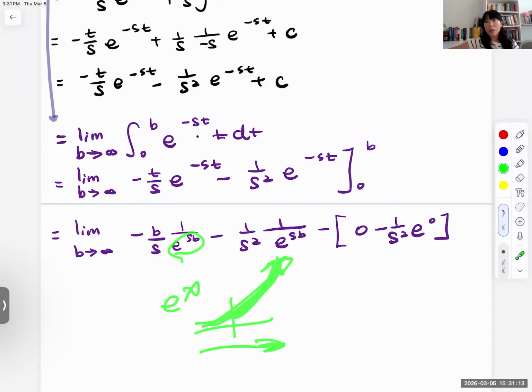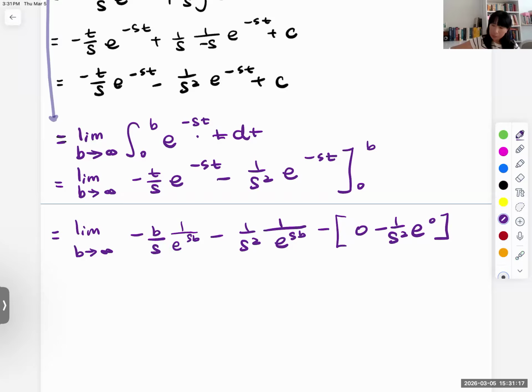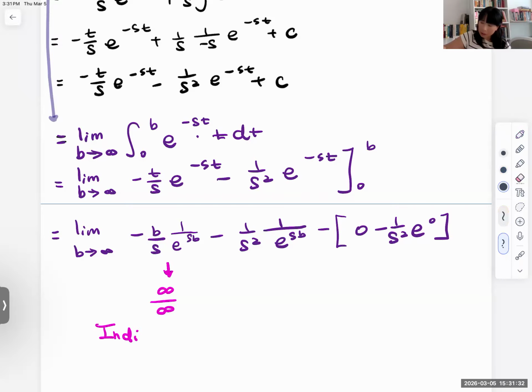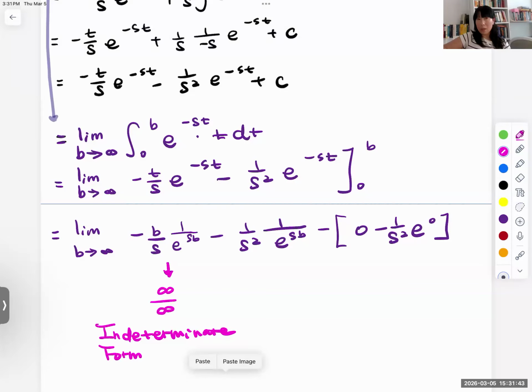So we get infinity over infinity, an indeterminate form, then we have to use L'Hopital.